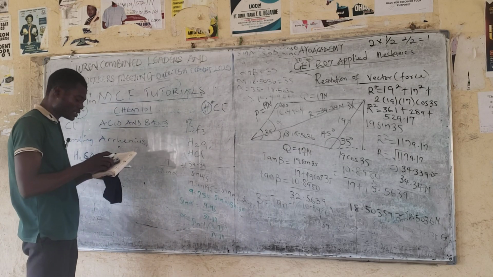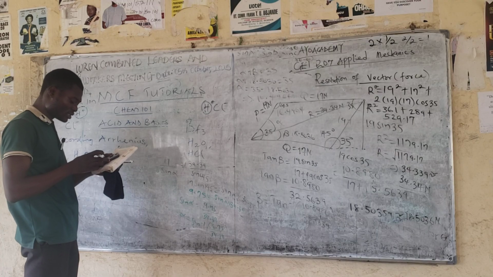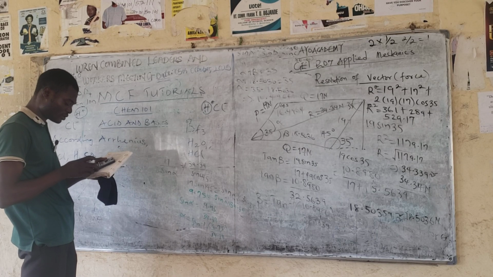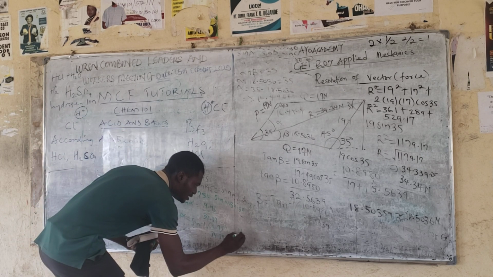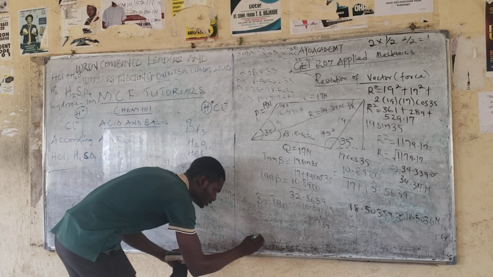So if you do the calculator, you just press sine inverse of 9.75 divided by 34.34. So we obtain 16.4946.